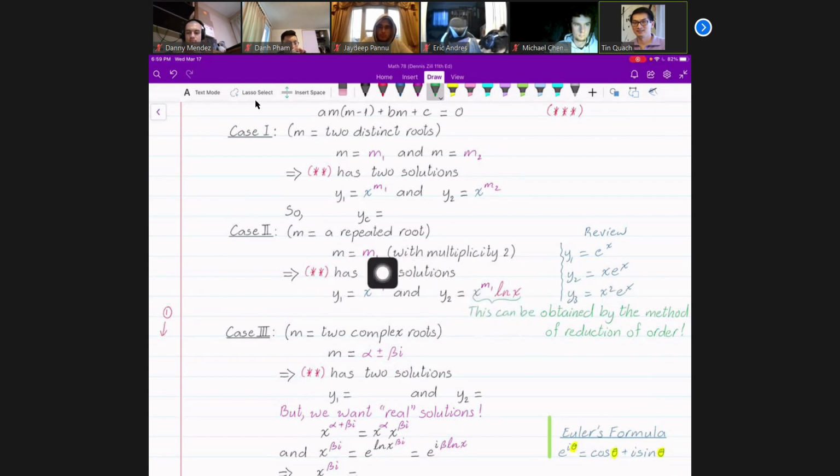So let's say it is repeated 3 times. Then your third solution is going to be x to the m sub 1 times what? ln squared x? You should say ln x quantity squared, or the square of ln x, because when you say ln square x, that doesn't make sense.